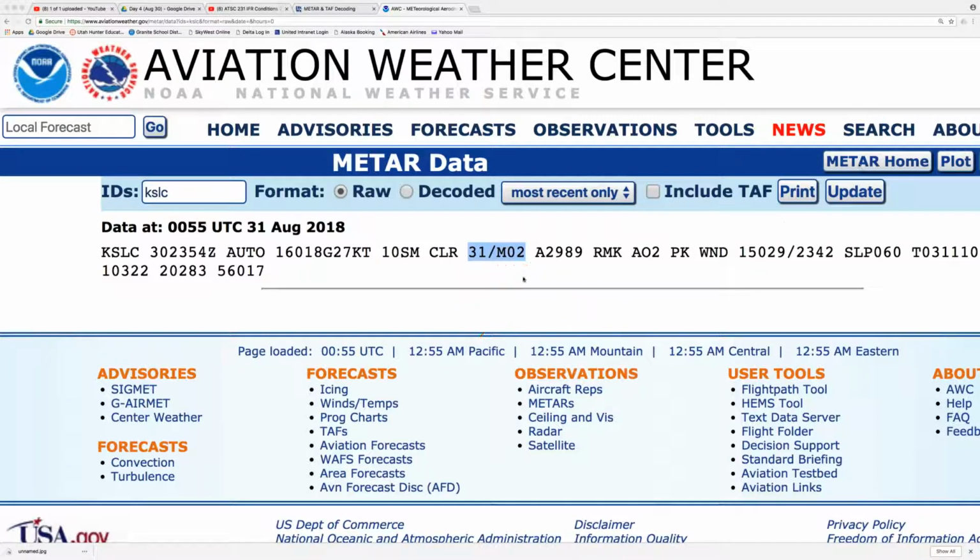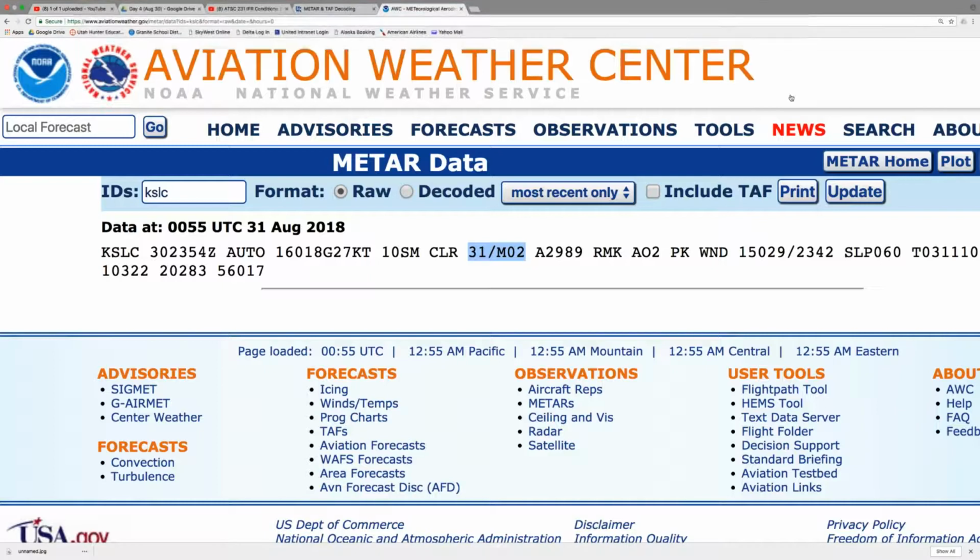But advection fog, remember how he said, is typically going to be somewhere in the 10 to 17, 20 knot range.